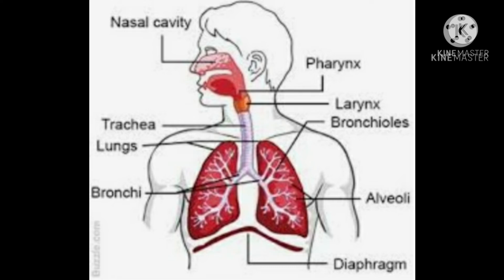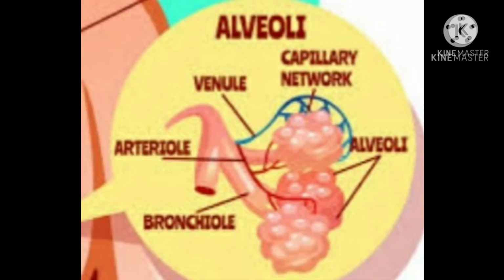Within the lungs, air passes through a large number of small tubes called bronchioles and then reaches the tiny air sacs called alveoli. The alveoli are surrounded by very thin blood vessels called capillaries which carry blood in them.